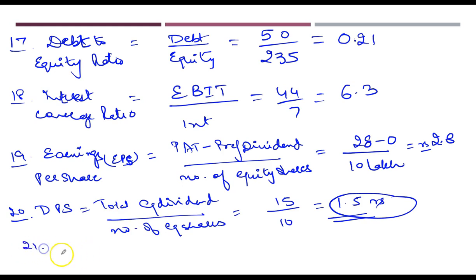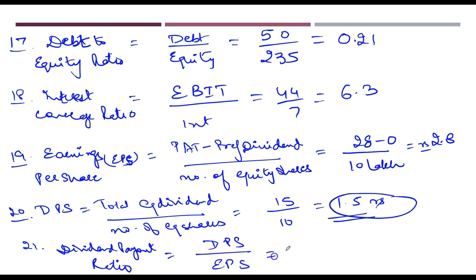Next, we have dividend payout ratio. Okay, dividend payout ratio was simple, that is dividend per share divided by earnings per share. We have already calculated both these values.